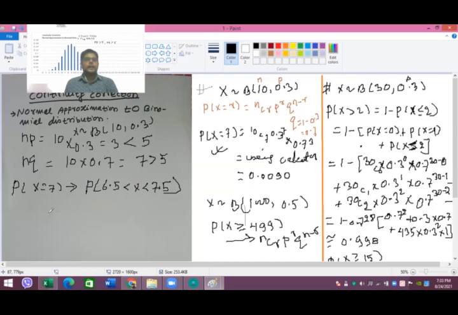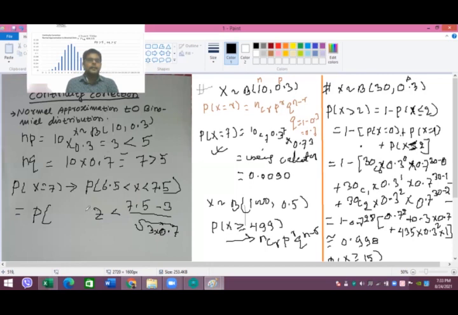Now we convert that into Z, so Z will be given by less than 7.5, and the mean value in this case is 3, and the standard deviation is going to be the square root of n times p times q. n times p is already 3 here, and q is 0.7, that is 1 minus 0.3.